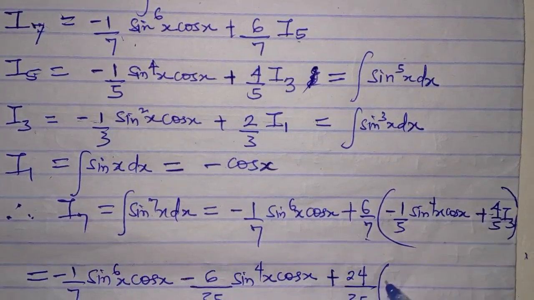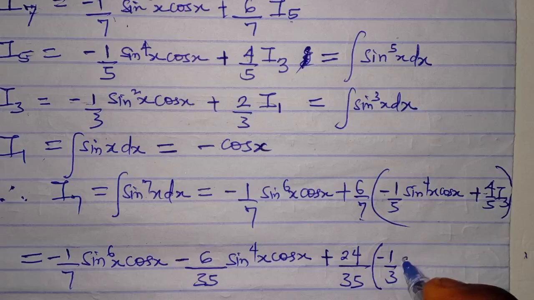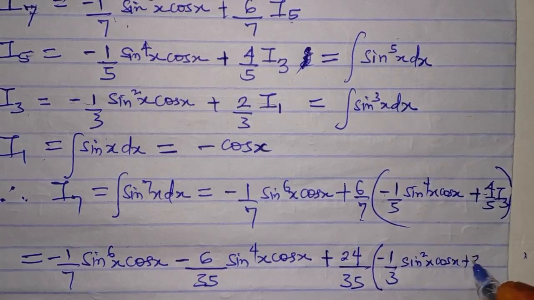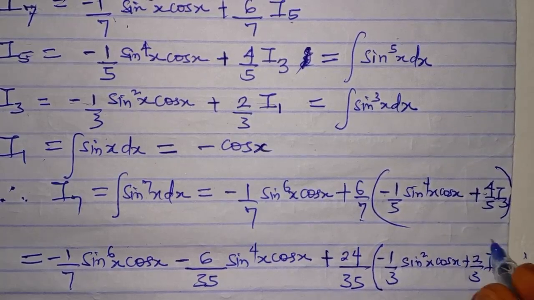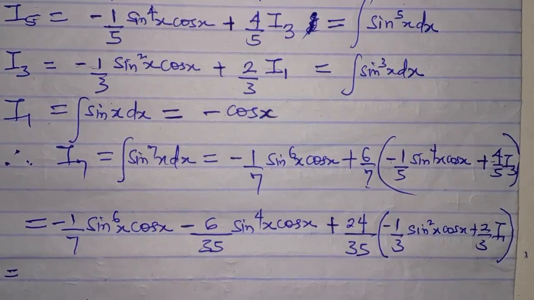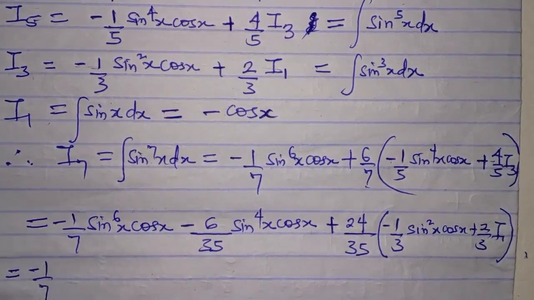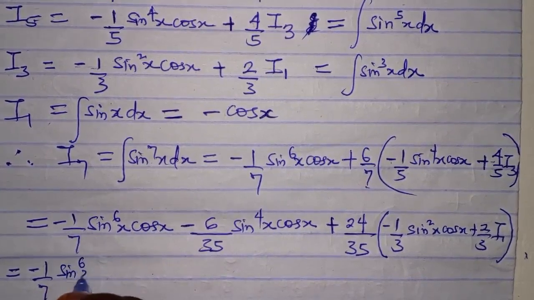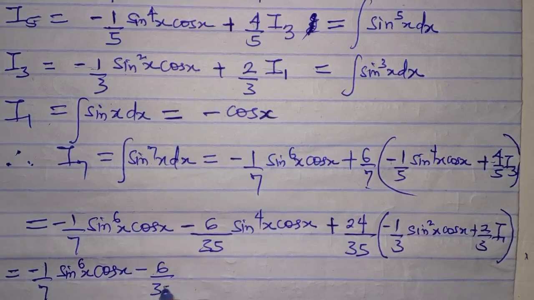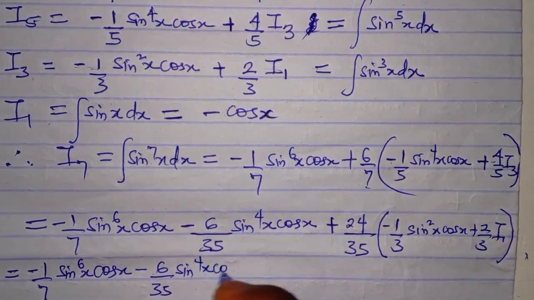So we expand again. I7 is equal to minus 1 over 7 sine to the 6th x cos x minus 6 over 35 sine 4x cos x.